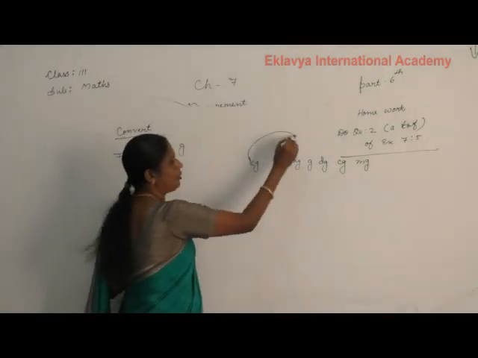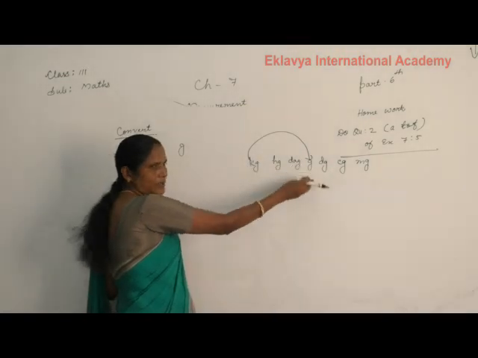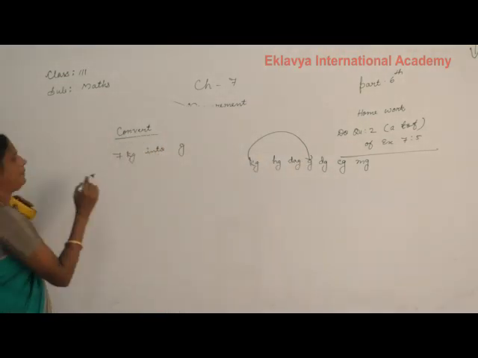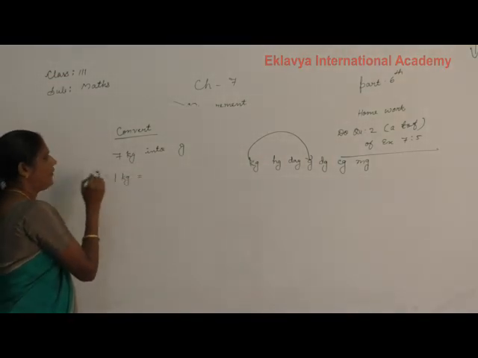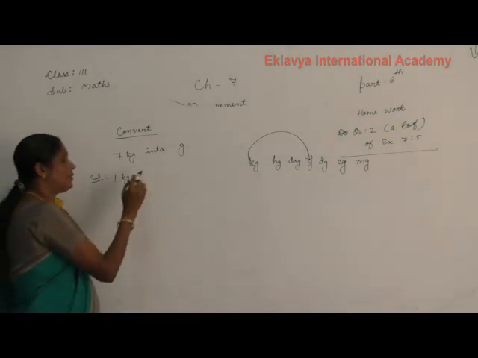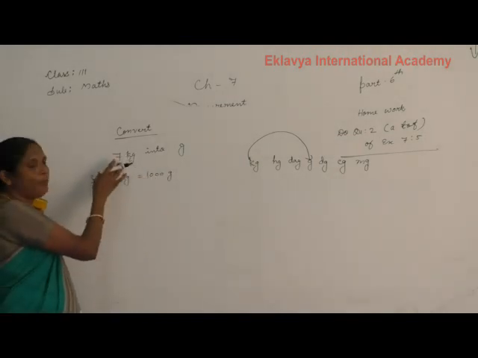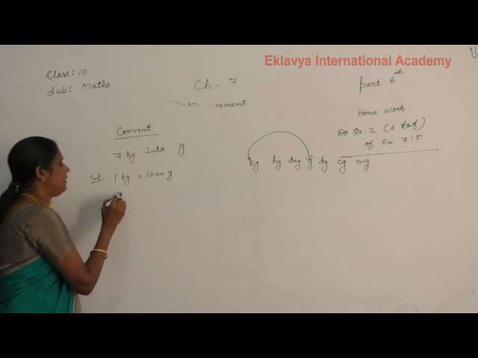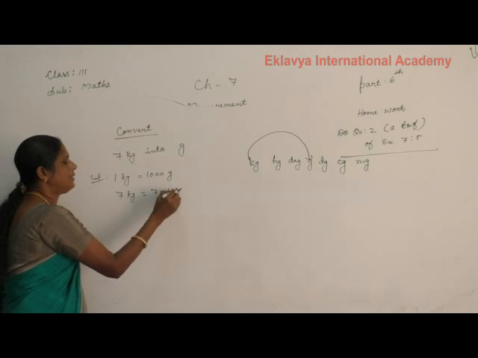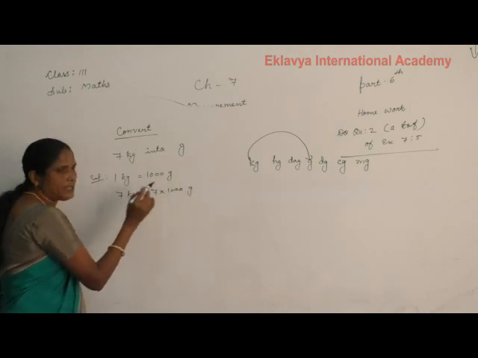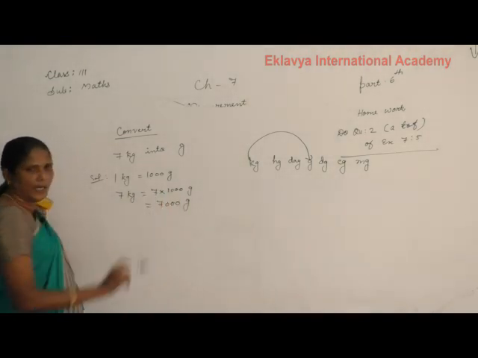Here kilogram to gram, we multiply 10, 100, 1000. We multiply by 1000. 1 kg is equal to how many gram? 1000 gram. Then we have 7 kg. 7 kg is equal to 7 multiply 1000, 7 ones are 7. How many zeros? 3 zeros. Understand?